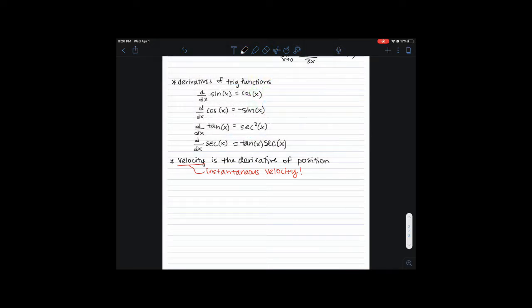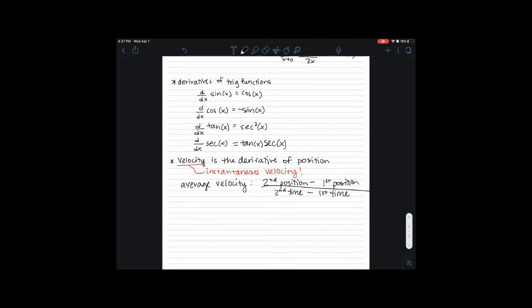If you want to find average velocity, that's just the position, the first position minus the second position, or sorry, that's a lie. It's the second position minus the first position over the second time minus the first time. That's just change in position over change in time.